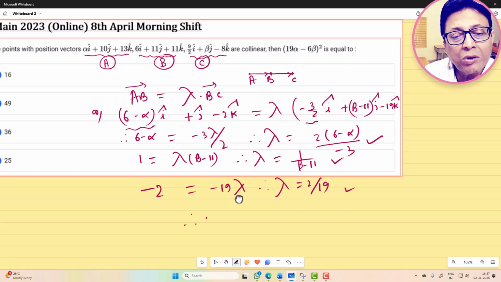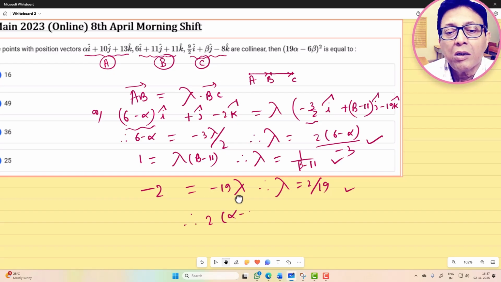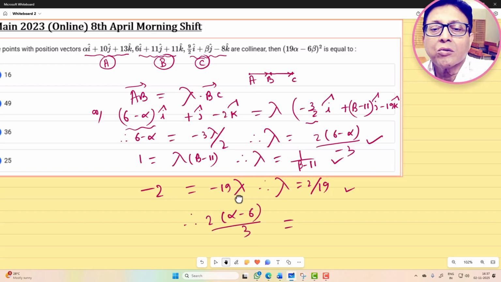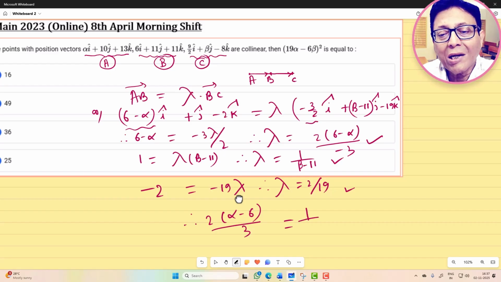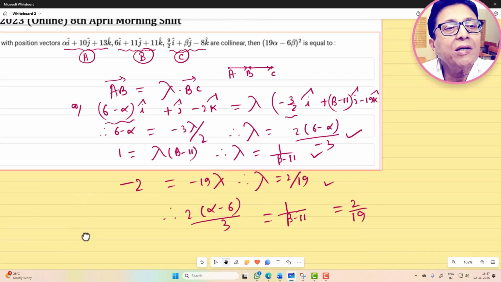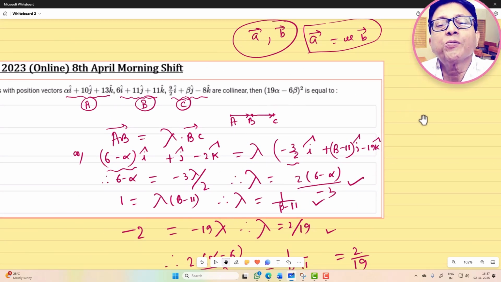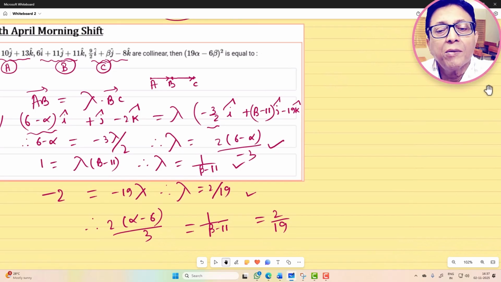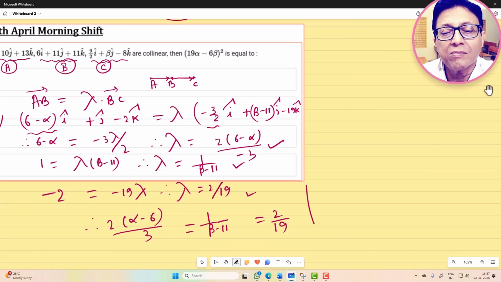You compare all these 3 lambdas. Therefore (alpha - 6) by 3 will be equal to 1 by (beta - 11), equal to 2 by 19. Find alpha and beta from here. The question is to find the value of (19 alpha - 6 beta) whole square.